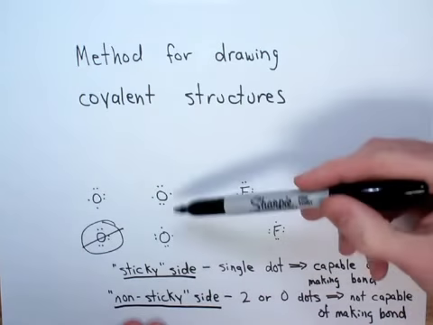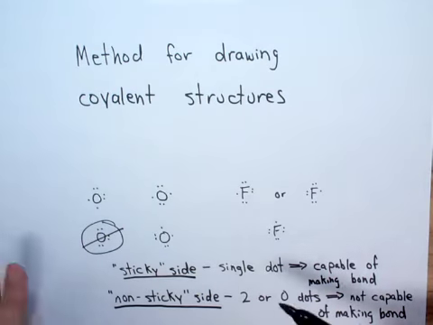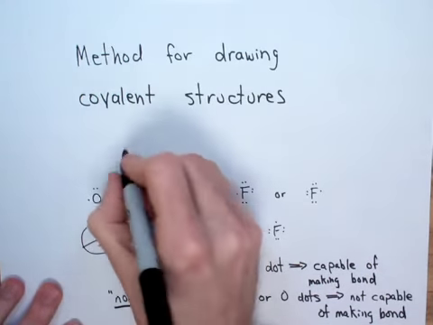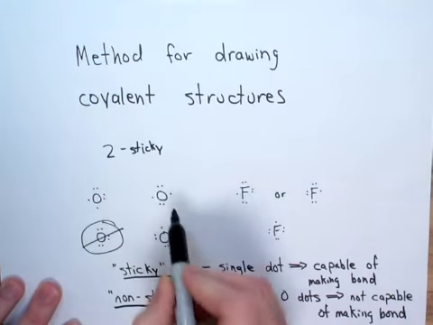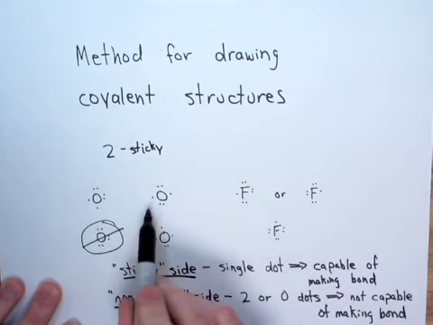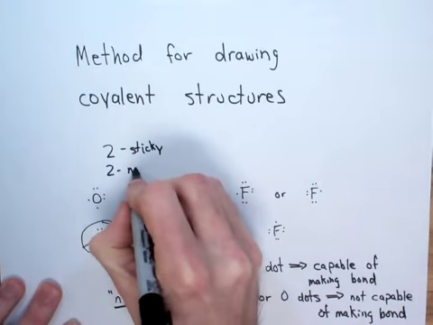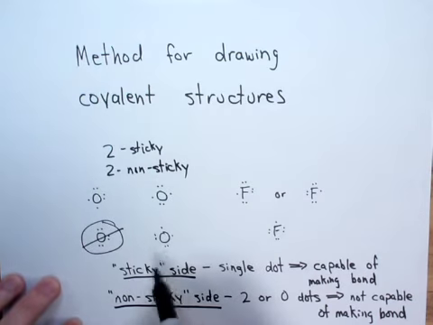So when you take a look at oxygen right here, no matter how we've drawn it, you can still come up with the same number of sticky sides and non-sticky sides. Oxygen here would have 2 sticky, because no matter which way you draw it, it's got 2 sides that have single dots on them, and 2 non-sticky, because no matter which way you draw it, there are going to be 2 sides that have a pair of electrons.